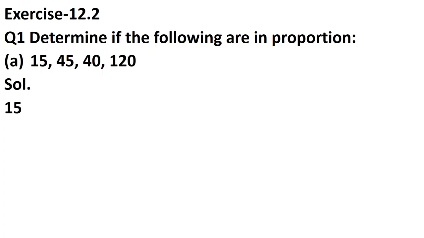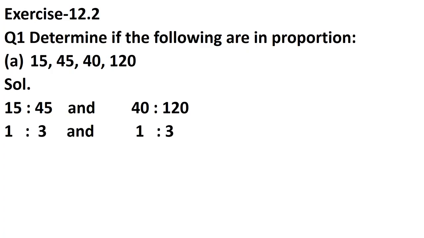First of all, we will find the ratio between the first two, that is 15 and 45. And then we will find the ratio of 40 and 120. Convert into simplest terms: 15 ones are 15, 15 threes are 45, and this 0 will cancel with this 0. So what is left? 4 ones are 4, 4 threes are 12. Both these ratios are equal, 1 ratio 3 is equal to 1 ratio 3.